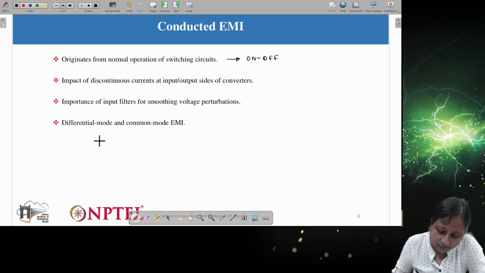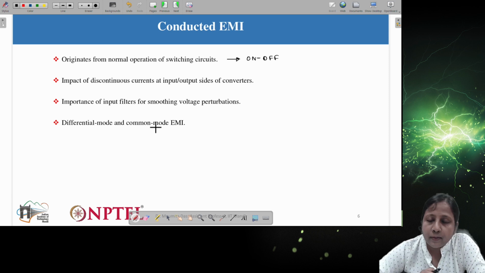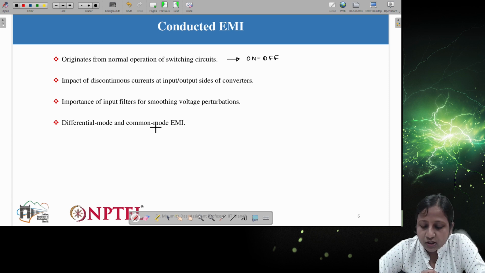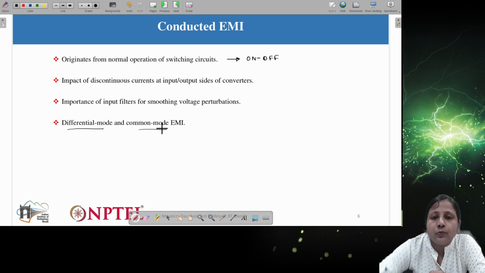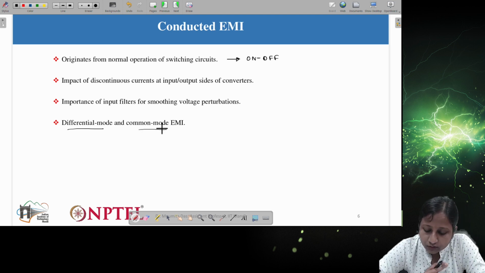Okay, the differential mode and common mode EMI can be present. We will see about this differential and common mode EMI. Conducted EMI can be categorized in two types: one is differential mode and another is common mode. These two types of EMI can be present in conducted EMI.